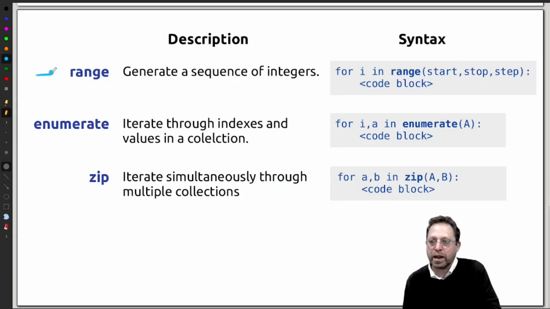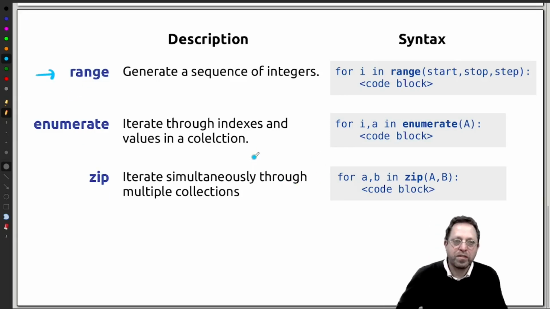Let's start with range. Range will feel familiar to people who have done for loops in other languages such as Java or MATLAB or C, where instead of iterating through a collection, you iterate through a range of integers. And that's exactly what range generates. It generates a sequence of integers.